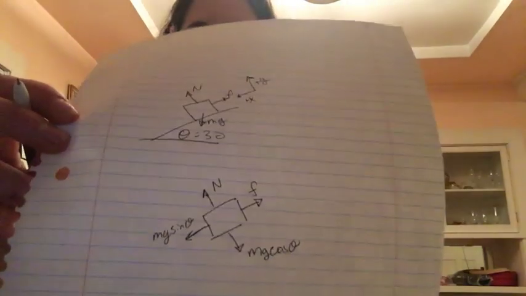So now we can redraw this with the components we need of gravity to make it all in one axis. So this is what it's gonna be.